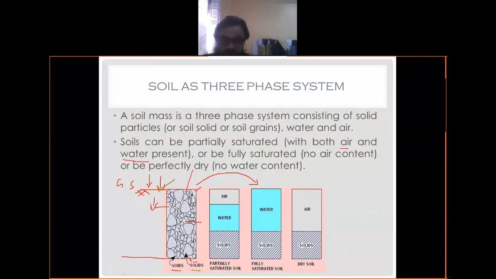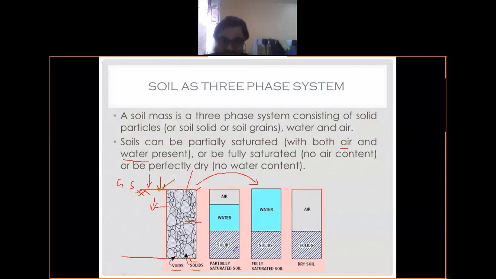In nature, they all exist like a mixture, soil solid and voids that may be filled up with air or water. Now, for better understanding, we have just separated all these three main components of a particular soil.